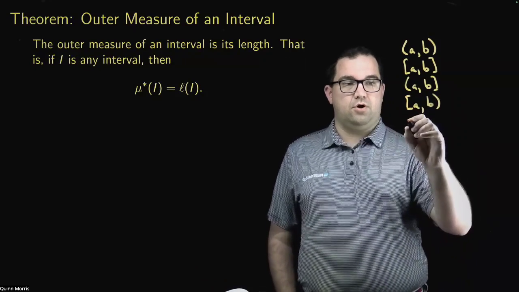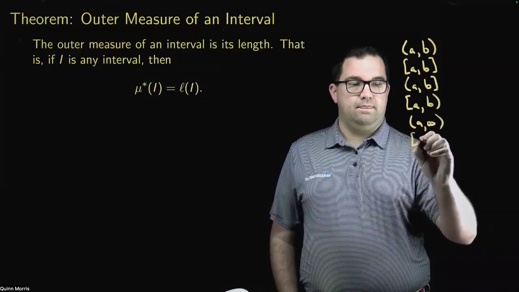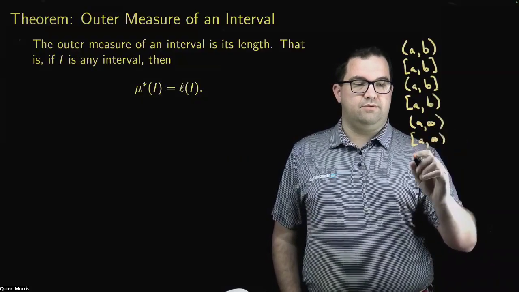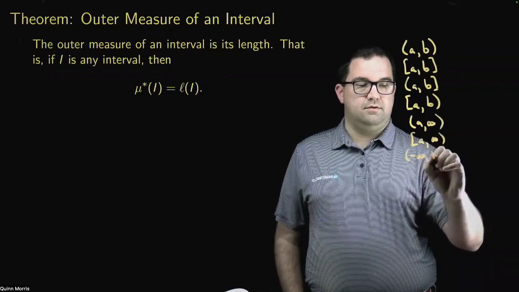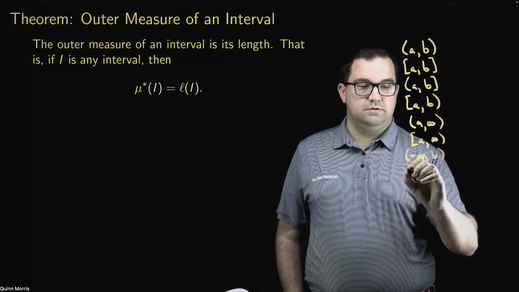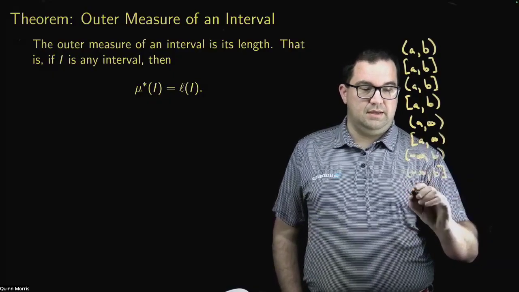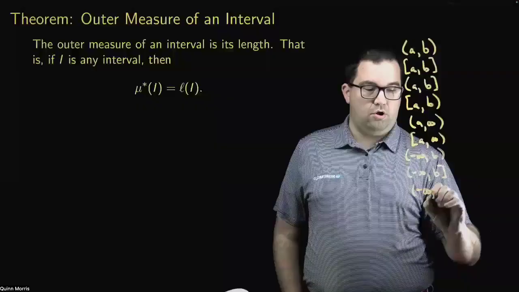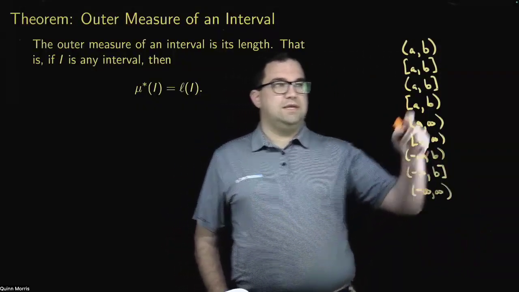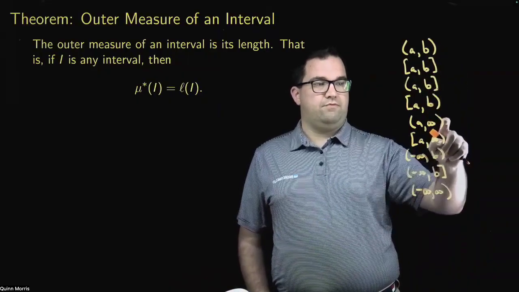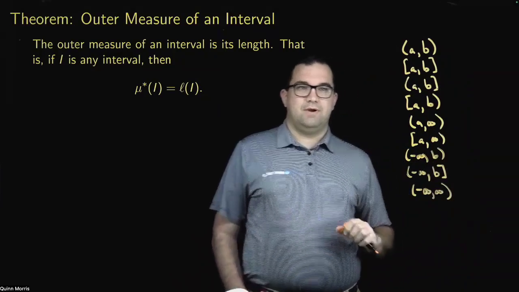So we could also be talking about, say, a to infinity, or closed endpoint a to infinity, minus infinity to b, open or closed. And indeed, we could also just be talking about all of R. So one of the things you can see is that there are 1, 2, 3, 4, 5, 6, 7, 8, 9 different cases, right?